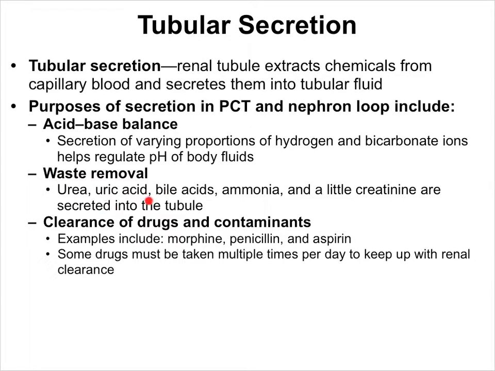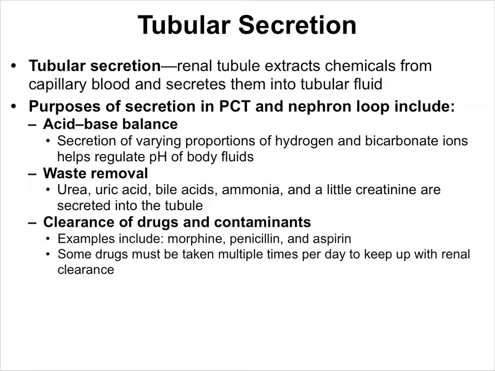Urea, uric acid, both of those are from the breakdown of proteins. Bile acids, which we talked about from the digestive system. These are breakdown products of cholesterol. Ammonia, again, that's a breakdown product of proteins and some other toxins that are destroyed in the liver, and a little creatinine.